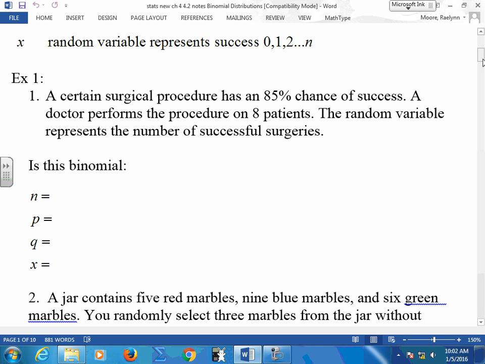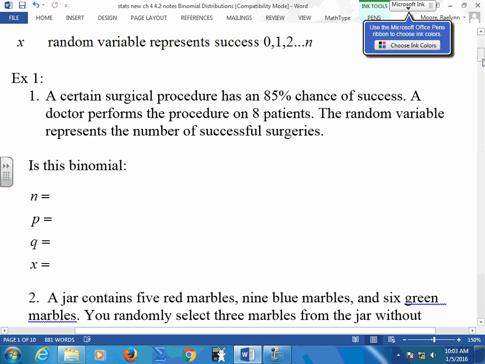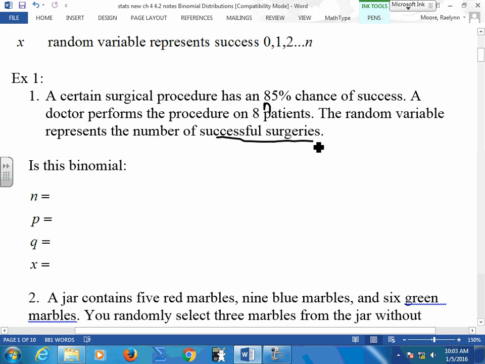So the first problem says a certain surgical procedure has an 85% chance of success. A doctor performs this procedure on 8 patients. This is your N. The random variable represents the number of successful surgeries. So we ask ourselves, what is N? 8. What is P?